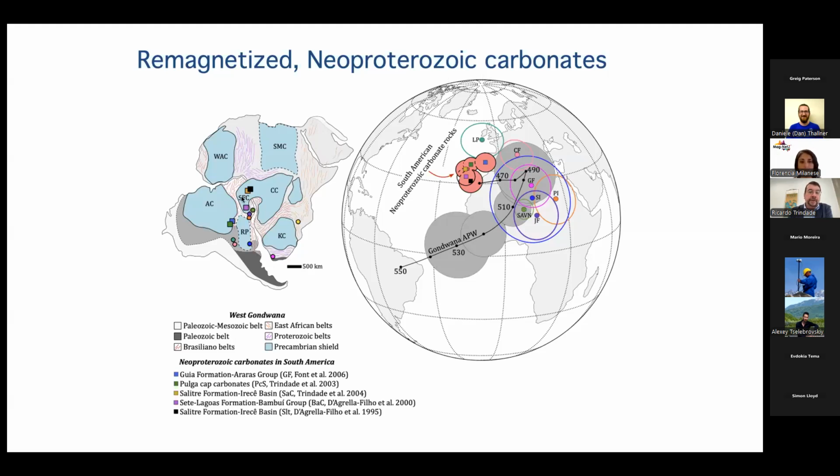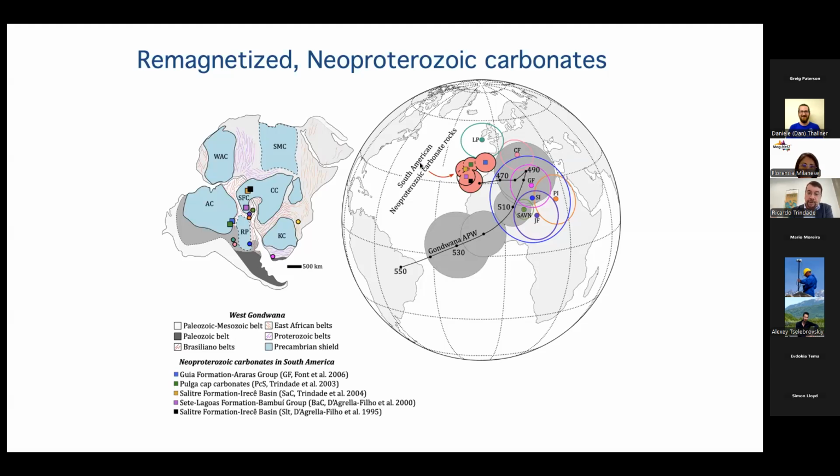Those rocks are spread all over the central part of Western Gondwana. They were deposited in the Ediacaran, but all those rocks suffered a very large remagnetization event at the end of the Neoproterozoic, or even in earlier times in the Ordovician.